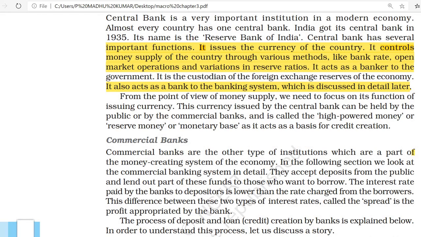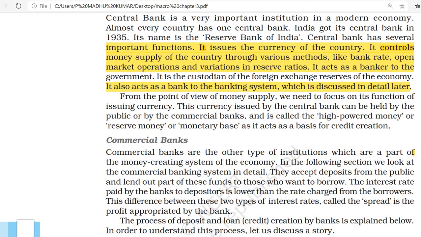Commercial banks have a lot of functions. They accept deposits from the public and lend out these funds to borrowers. This is the main function of a commercial bank. The interest rate paid by the bank to depositors is lower than the rate charged to borrowers.